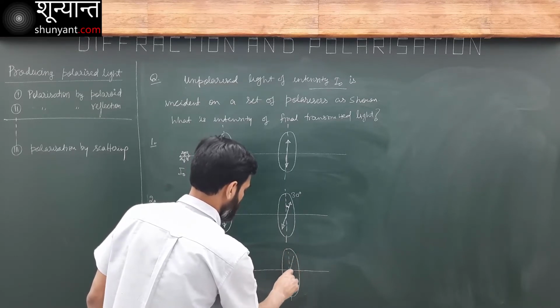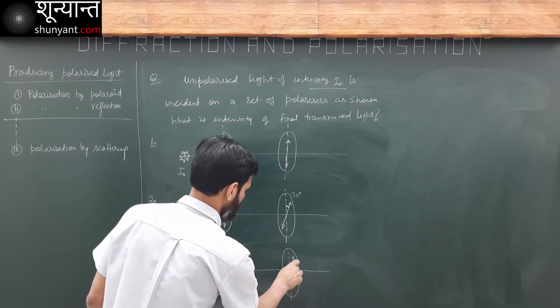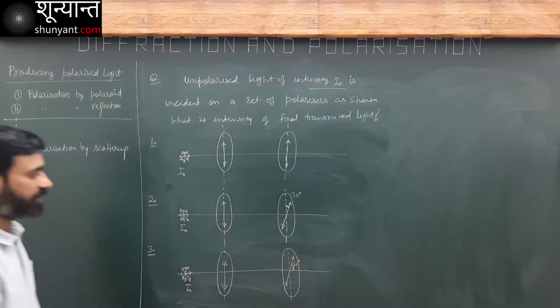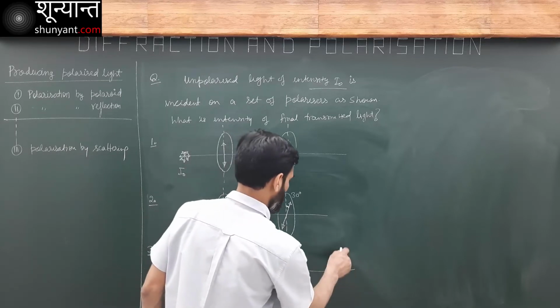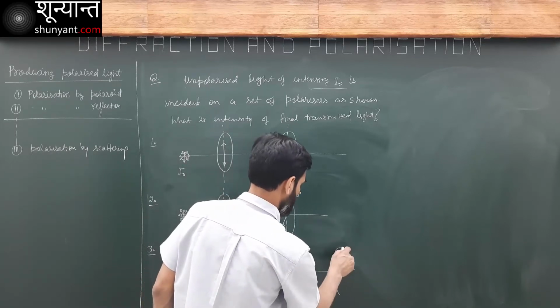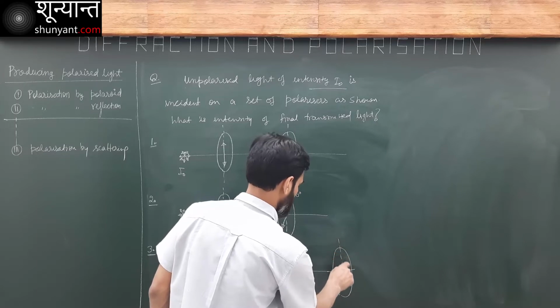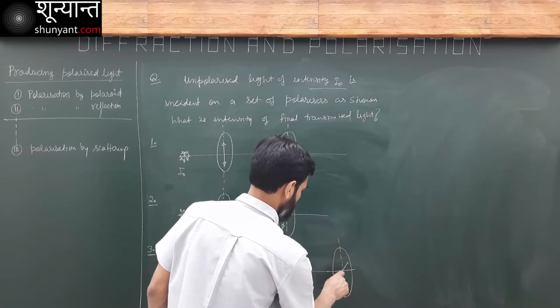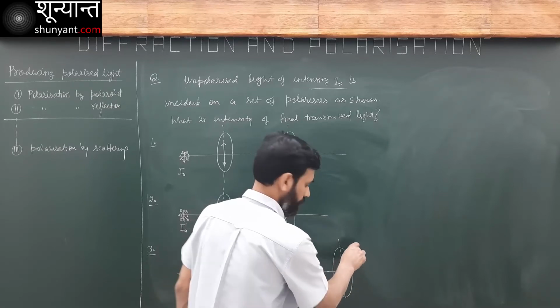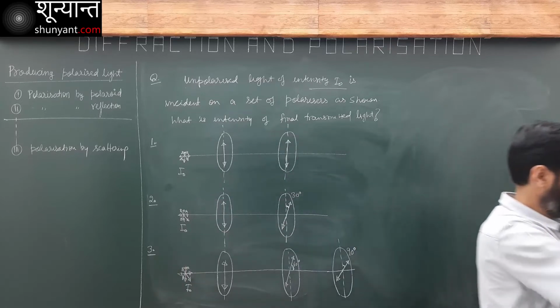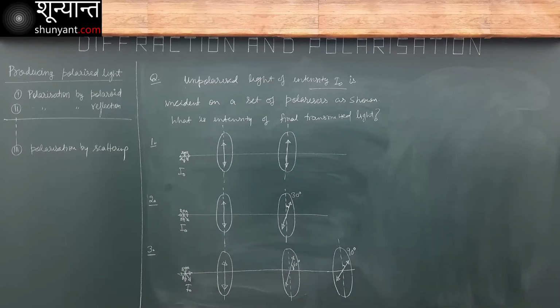The angle here is 60 degree. And then one other here, this angle is 90 degree. What do you think? What is going to be the final light in all the cases?